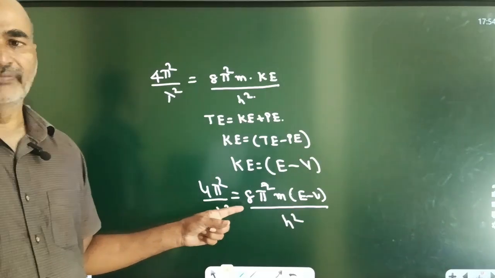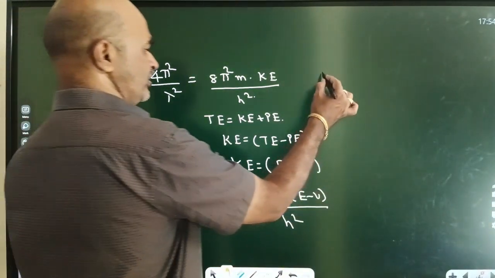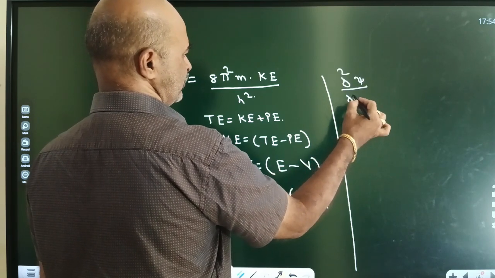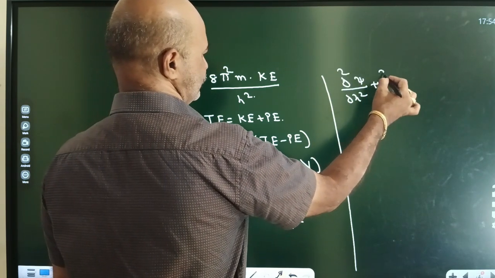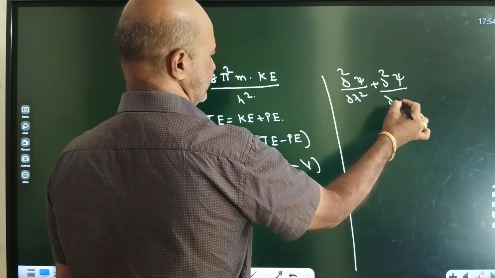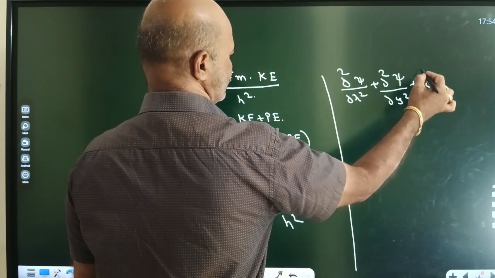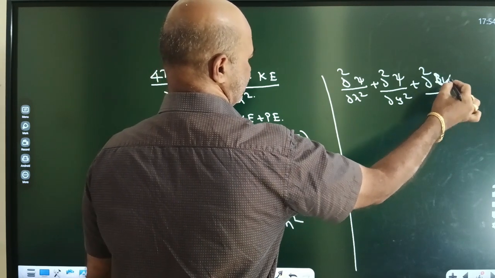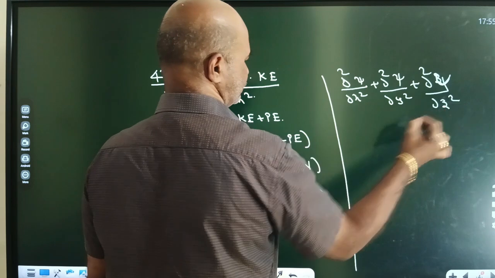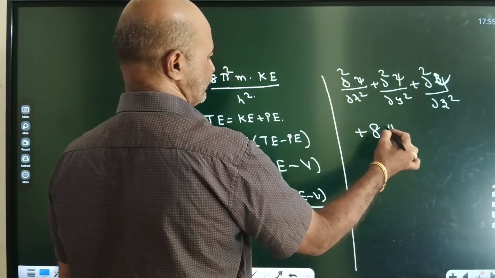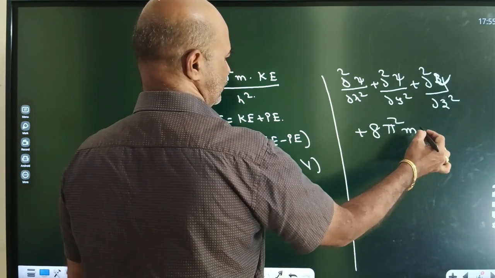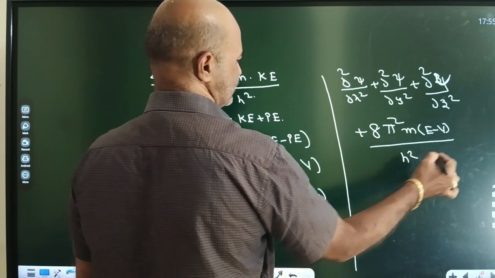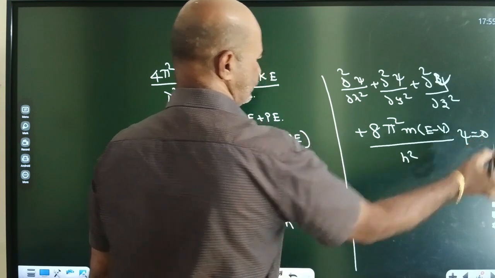Substitute this value in the main equation. Dou square psi divided by dou x square plus dou square psi divided by dou y square plus dou square psi divided by dou z square plus 8 pi square m into (E minus V) divided by h square into psi is equal to 0.